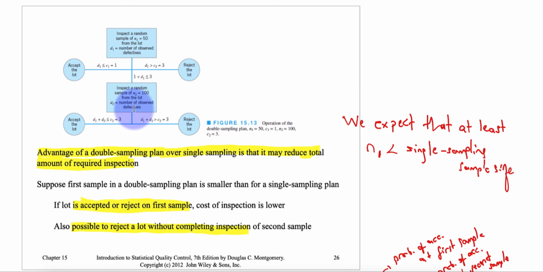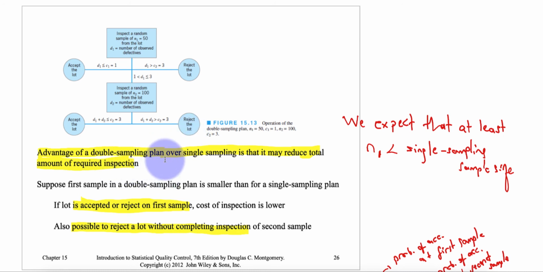If the number of defectives in the first sample plus the number of defectives in the second sample is less than the acceptance level of the second sample, we will accept the lot. If this summation is greater than the acceptance level of the second sample, we will reject the lot. That's it. This is the double sampling method.